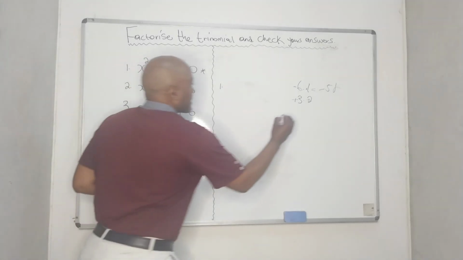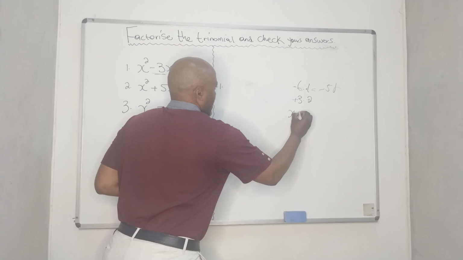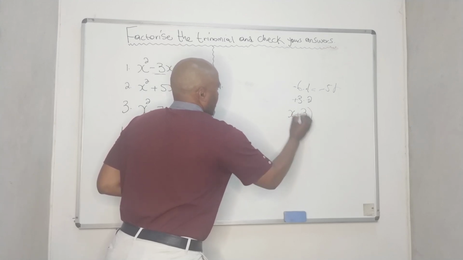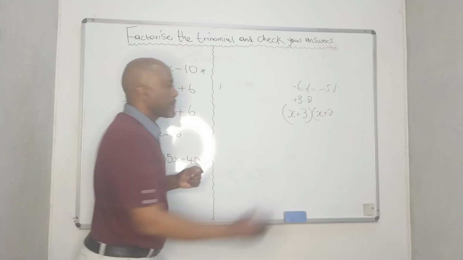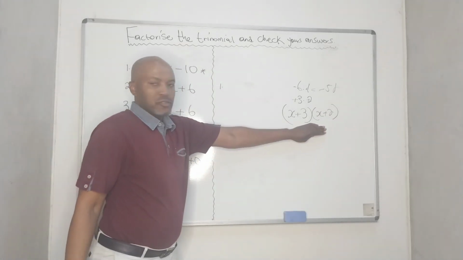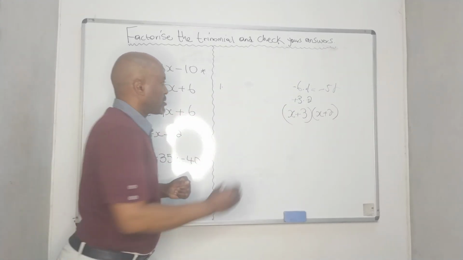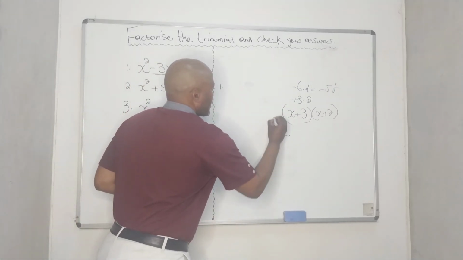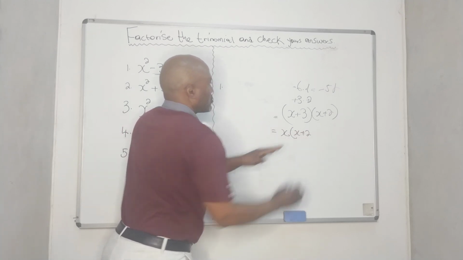So it means that your factors will be x plus 3 and x plus 2. Okay, so we are not done because they said check your answers. We need to check them. So we're going to say, x will multiply x plus 2.